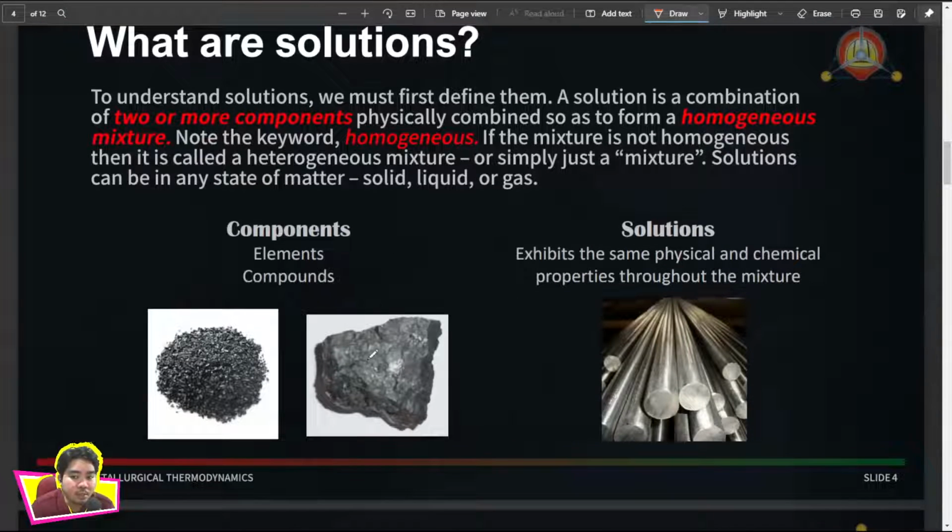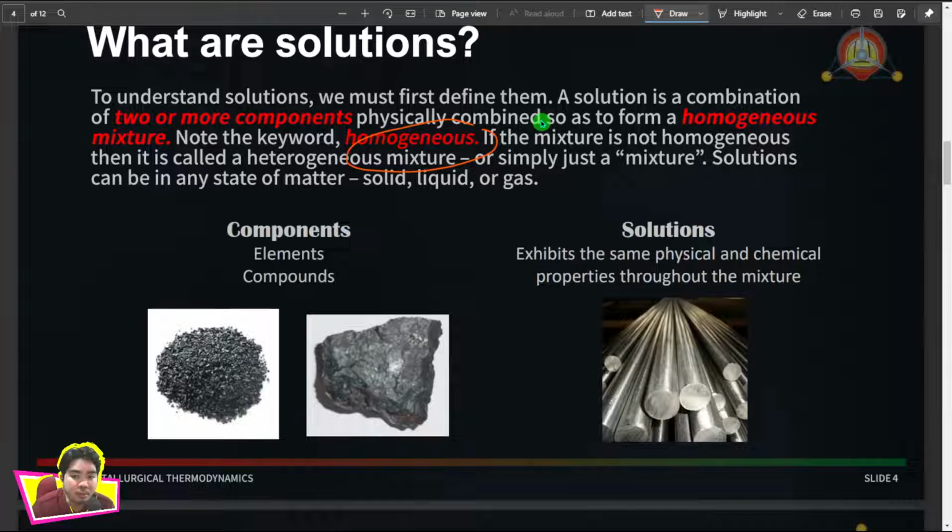And this is where solutions come into play. So solutions are just a combination of two or more components that are physically combined so as to form a homogeneous mixture. Yung keyword dito again is homogeneous. So it must be such that yung material natin exists in only one phase. For example, if it's a solid solution, then solid phase lang sila lahat.